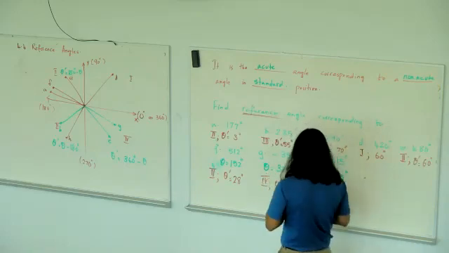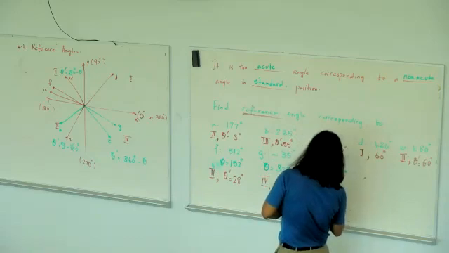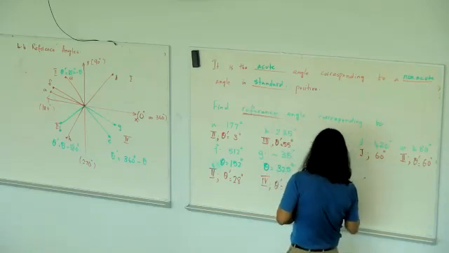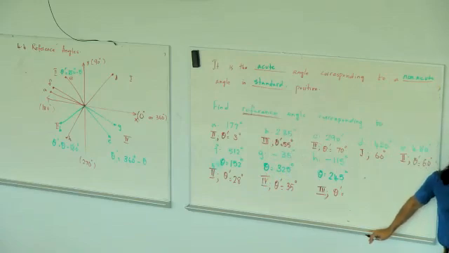In reference to the x-axis, we are in the third quadrant. How do we find the reference angle in the third quadrant? 180 minus theta, or theta minus 180?